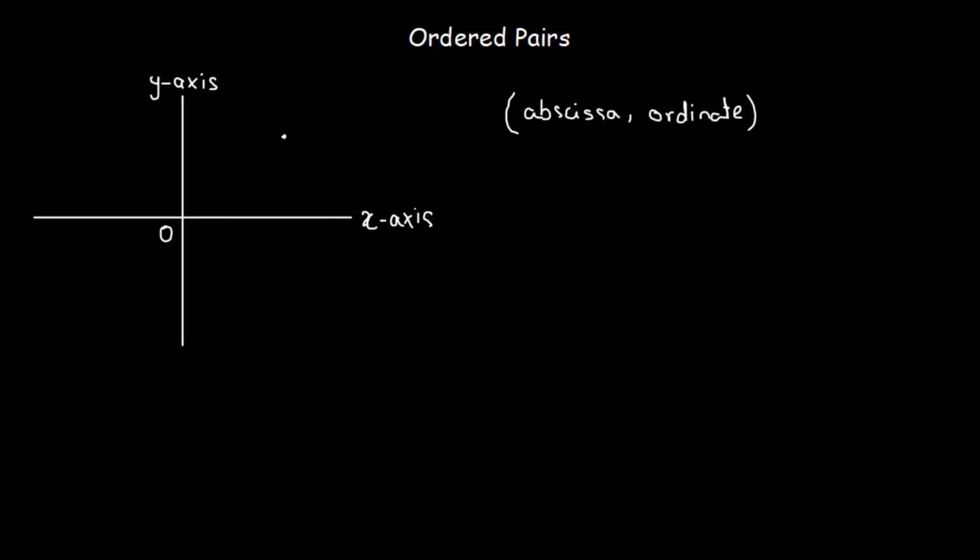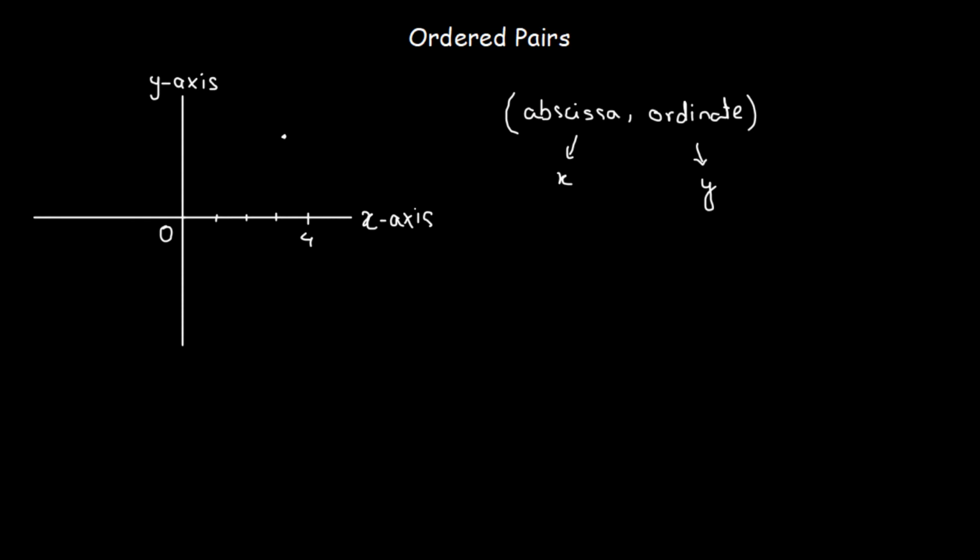Now it consists of two parts, the abscissa and the ordinate. The abscissa is what is referred to as the x value of the point, and the ordinate is referred to as the y value of the point. For instance, let us plot the point P with coordinate value 4, 3. So let's say we have 1 unit, 2, 3, and 4. So this is 4 units. What we do is first move 4 units to the right, starting from the origin.